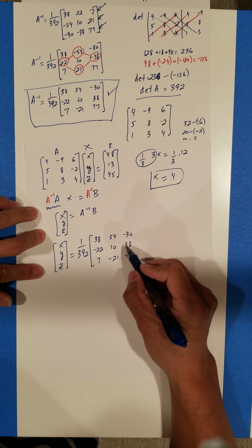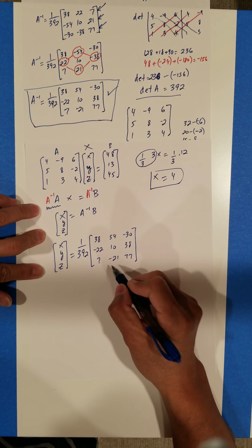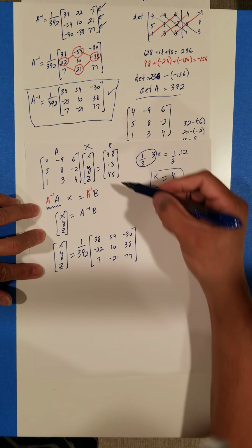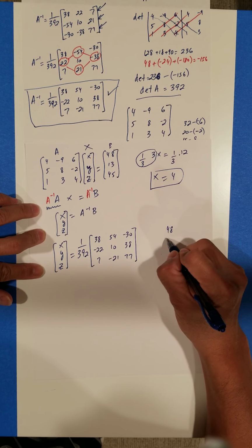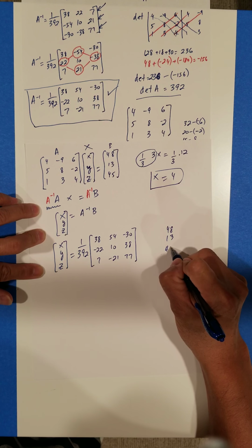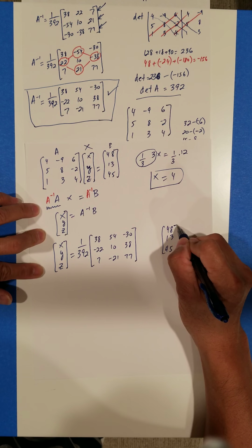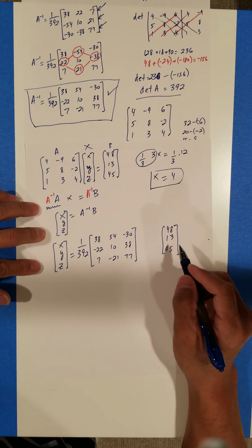Let's just make sure they're correct. Okay, they are. Now I'm going to take these and multiply with the answer column, 48, 13, 45. It's very important that you put the inverse in the front. If you put it in back, it can't multiply. It has to be in front.